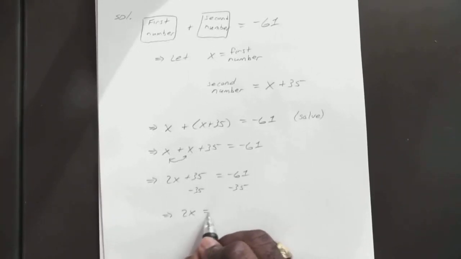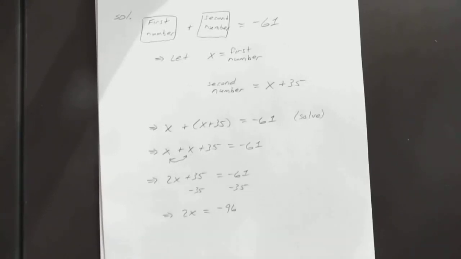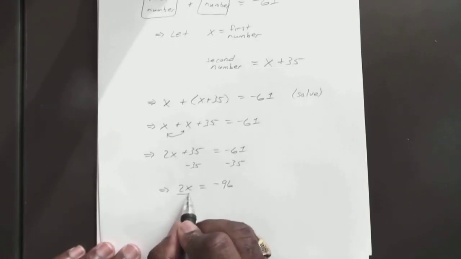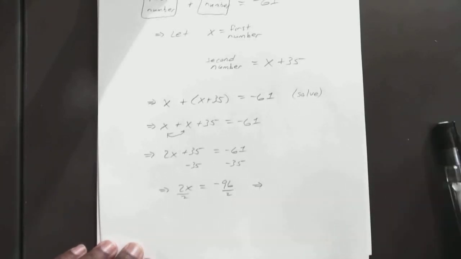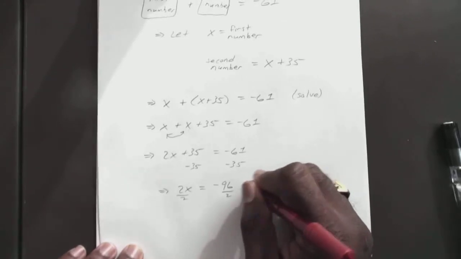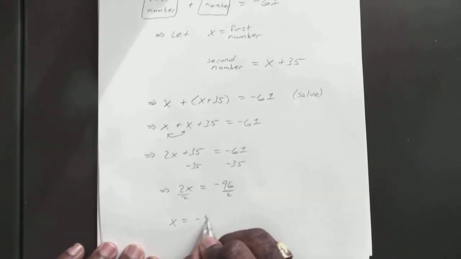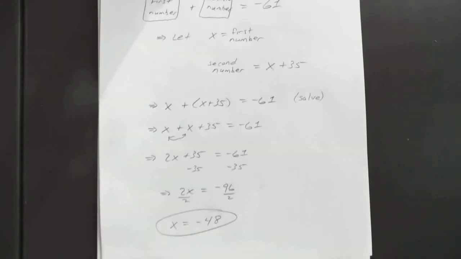Okay, so that gives us 2x equals negative 96. Okay. Divide both sides by 2. That means x will equal negative 48. Okay, which gives us our first number.